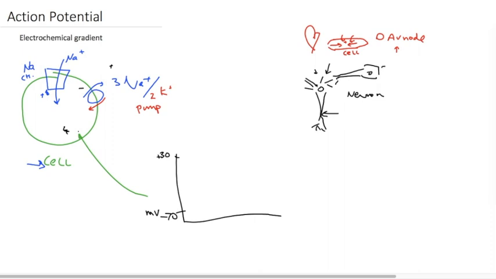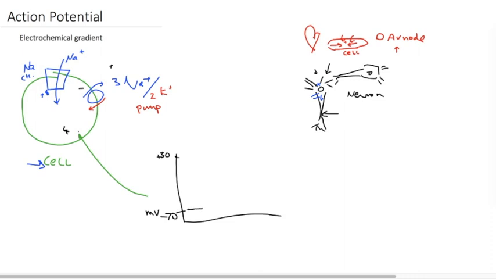Another neuron was signaling here and giving this thing a little bit of that positive signal in order to make its sodium channels open up and therefore send a positive signal down. So there's a disruption in the cell's electrochemical gradient that's opening up this sodium ion, and that's really what's going to cause this graph.